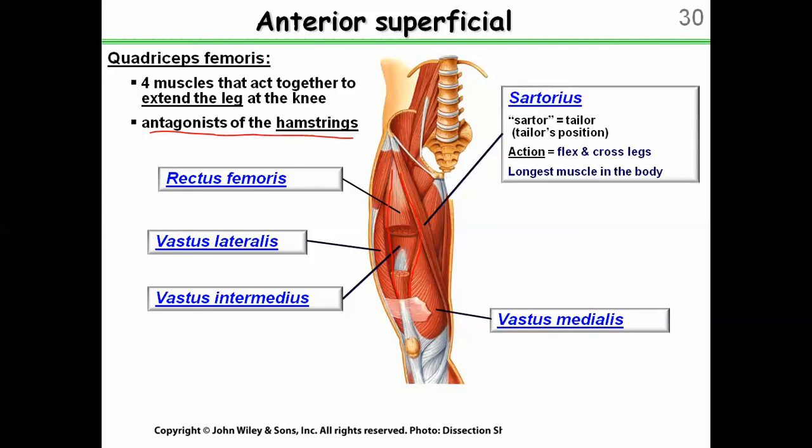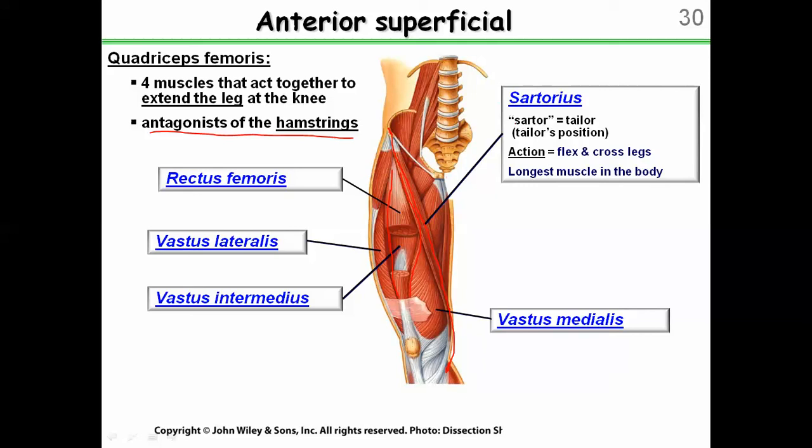There's also another muscle that crosses the thigh, so its origin is up here off the ilium, crosses over the thigh medially, actually crosses the knee, and inserts at the tibia. This muscle is known as the sartorius.